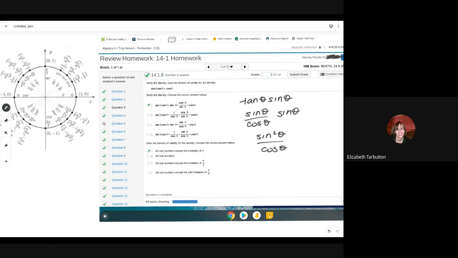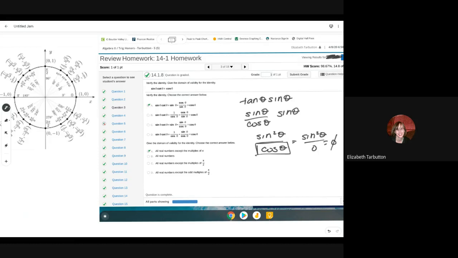Well, we again see that we have a fraction and our denominator is cosine. So here we would know that the function would be undefined if cosine were equal to 0 because then we would get sine squared theta over 0, which, like I said, is undefined.